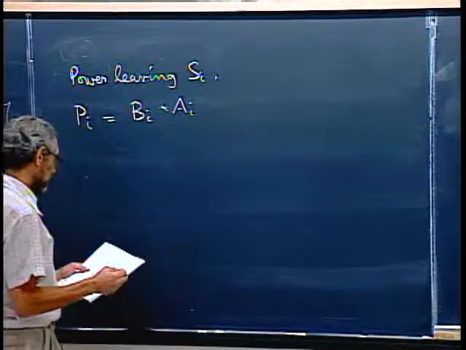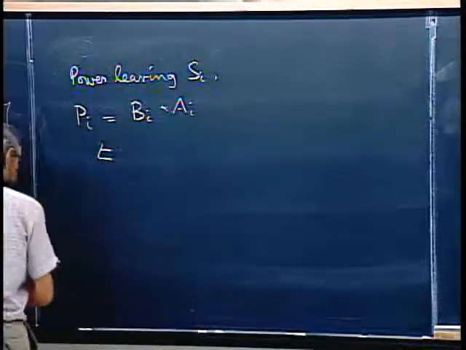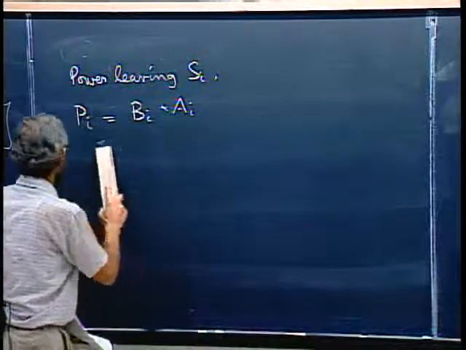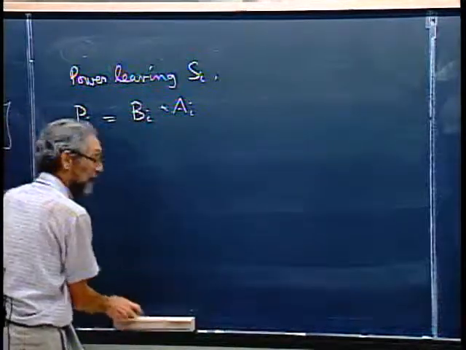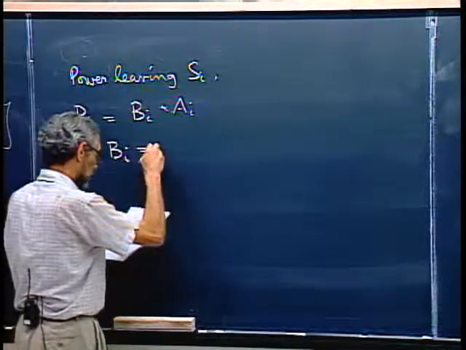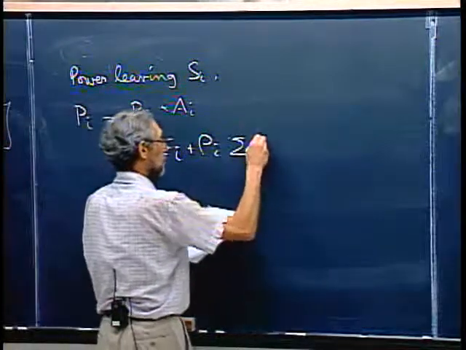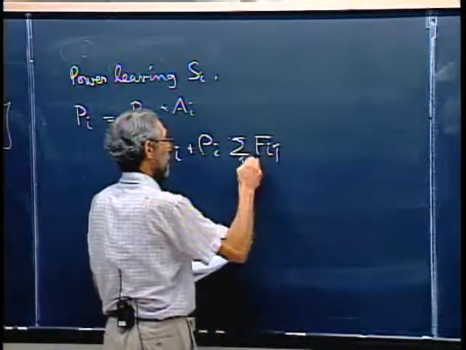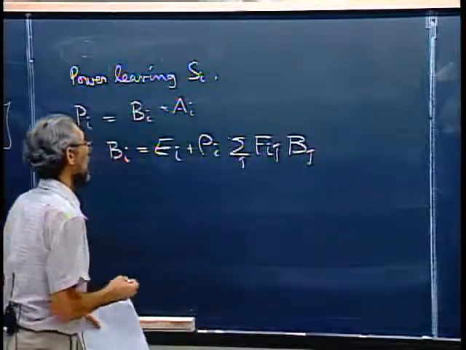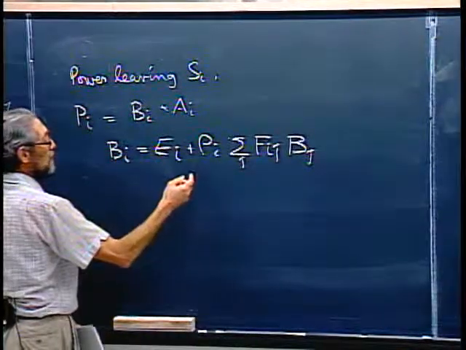So if we take the basic equation that the radiosity satisfied, this is sort of equivalent to our integral equation, only we discretized it by the finite elements. We had B_i equals E_i plus rho_i sum of form factors times the B_j, and we multiply both sides of the equation by A_i.